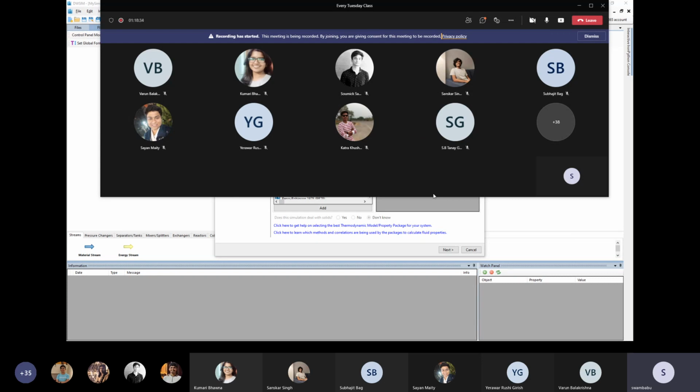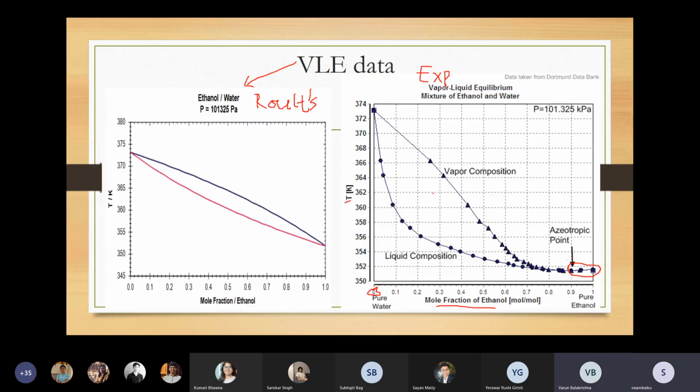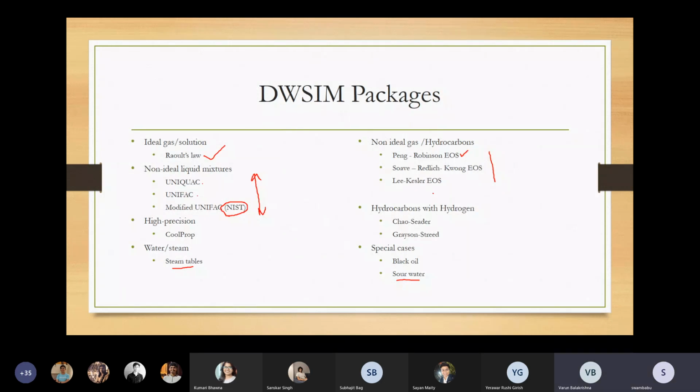Now I need to select a property package. What property package should I select? Maybe I'll put up this slide. I have kept the water ethanol system, and I need to select a property package. Which property package should I select?